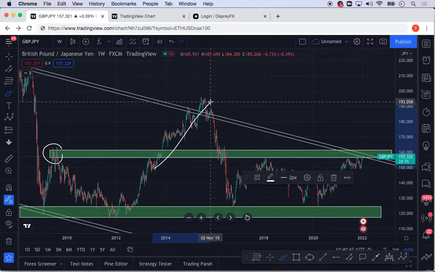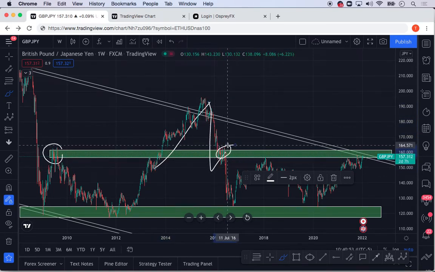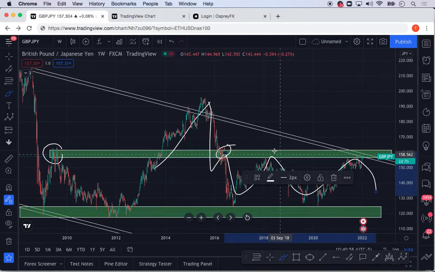We tried to take out this level of resistance, but look how the market came right back underneath it, acted as resistance again, and ever since then it stayed underneath. So this is a resistance area.